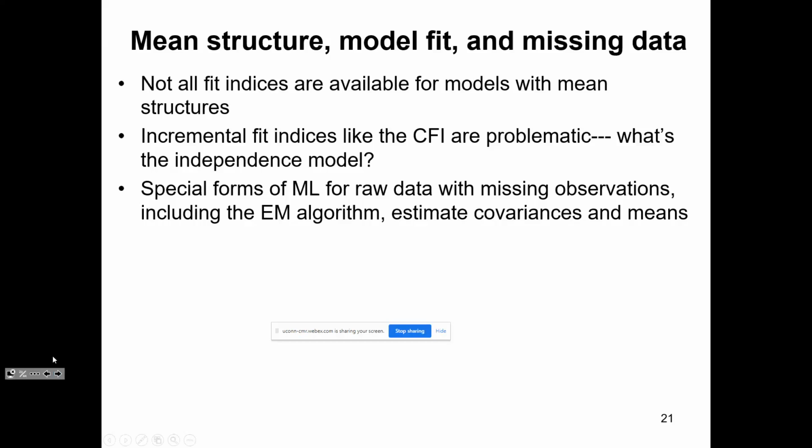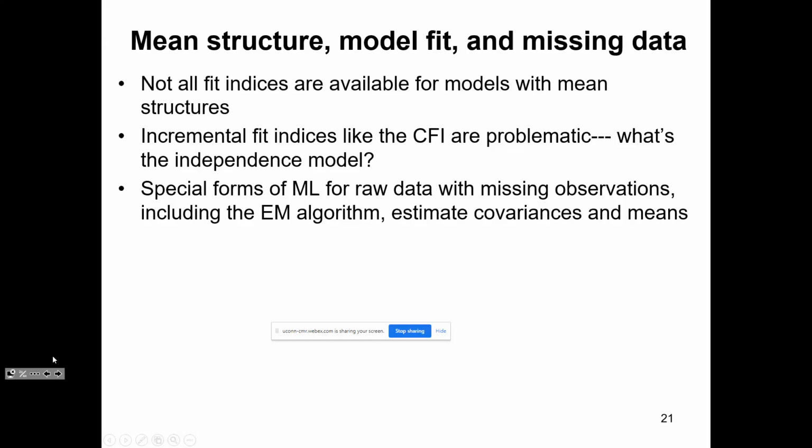All right, so let's talk about a couple more things before we do our Mplus example. I skipped over a couple of slides. I think they will go pretty quickly, and then I want to make sure that we get to our Mplus stuff. Not all fit indices are necessarily available for models with mean structures, nor do they necessarily all make sense.